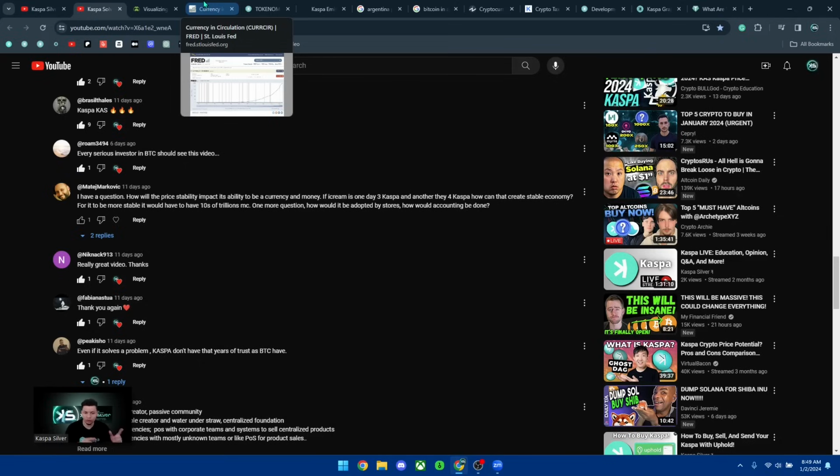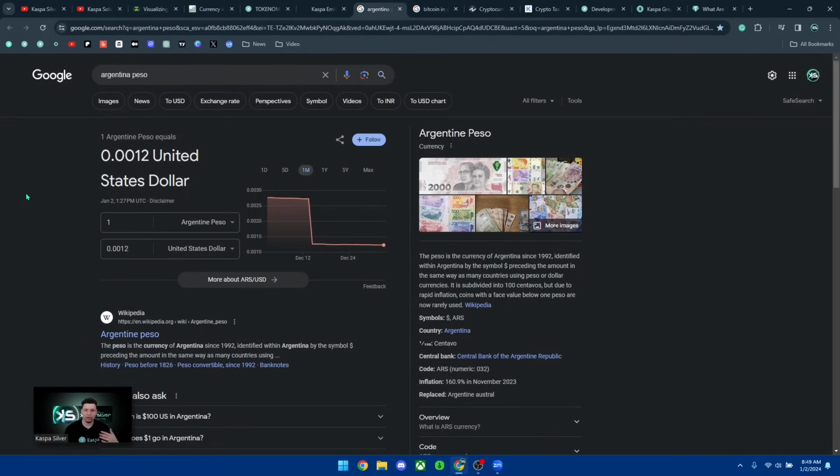But there are countries in the world that suffer with their currencies being completely devalued, where it is more important to be holding a currency like Kaspa or Bitcoin. For example, if we're looking at the Argentinian peso, it's worth about 0.0012 in terms of US dollars. And if we're looking at the max chart for this, it's basically gone to zero in US dollar terms.